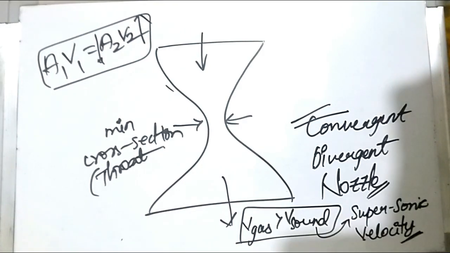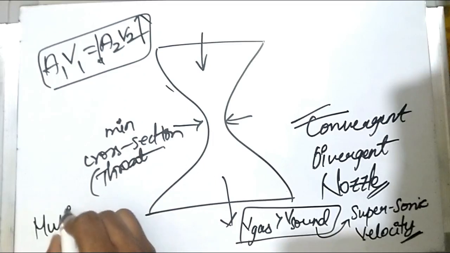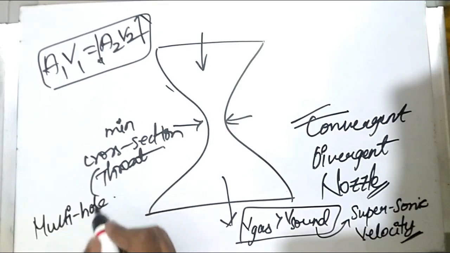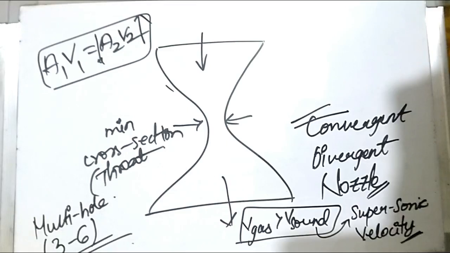Now generally there will be multiple holes in this nozzle, around 3 to 6 nozzles present in a single lance.